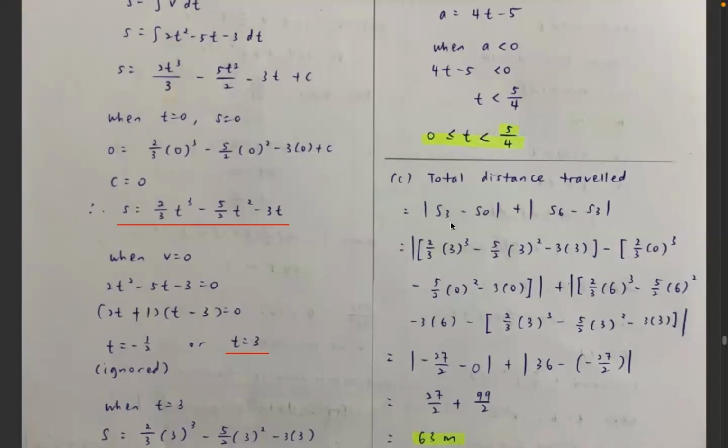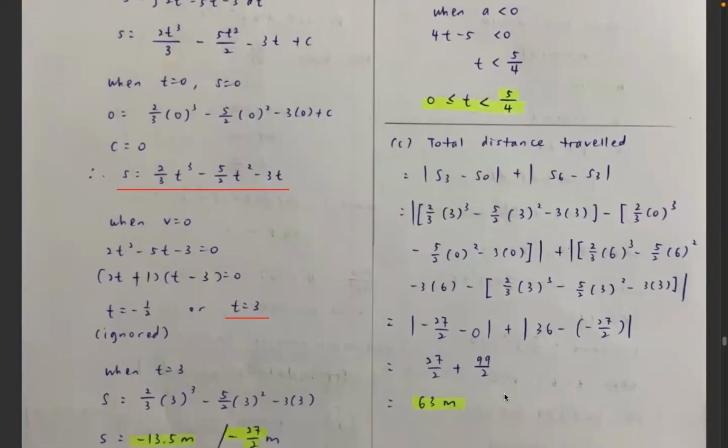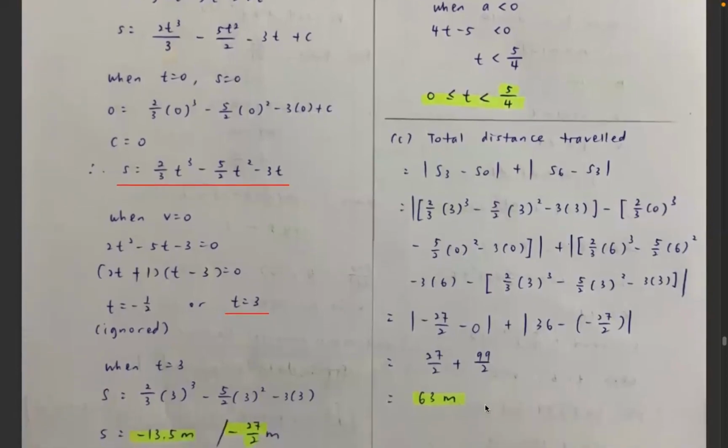S3 means we just have to substitute t equals 3 into the displacement function, minus S0, where we substitute 0 here, plus S6, substituting 6 into the function of t, minus S3. Then we have the answer: total distance traveled is 63 meters.